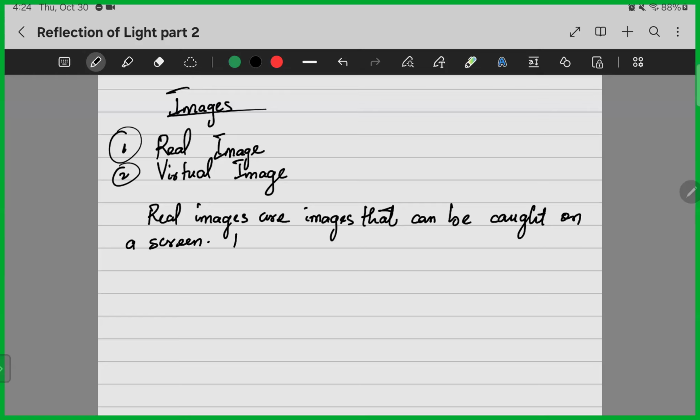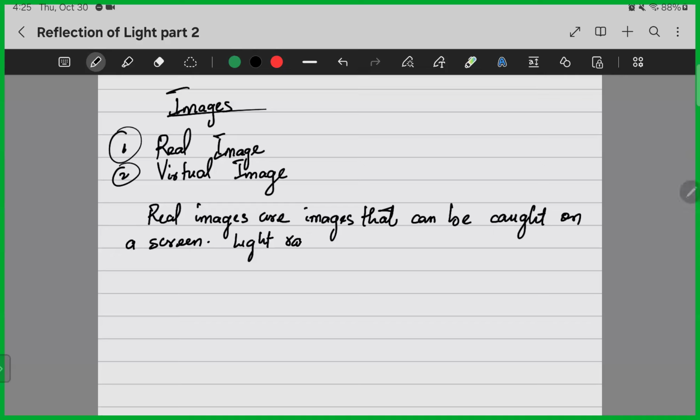So for these images, light rays... Give me a second, let me put my other device on silent mode. Okay. So real images are images that can be caught on a screen.